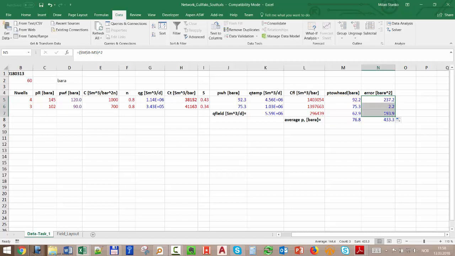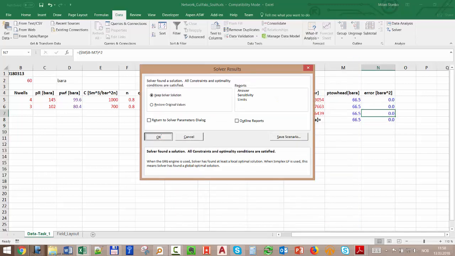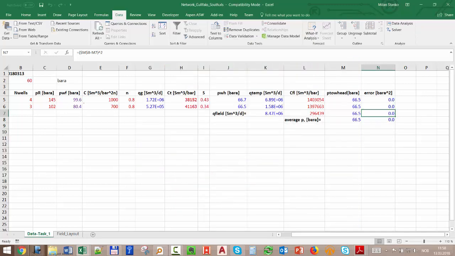That's very correct. Okay, now let's see if it works, if that was the issue. That's the solution. Each well is producing 1,500,000, and the tau head will be 66.